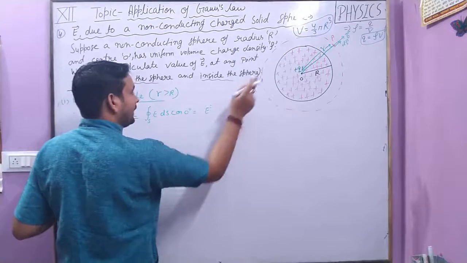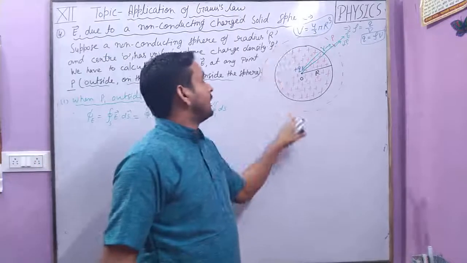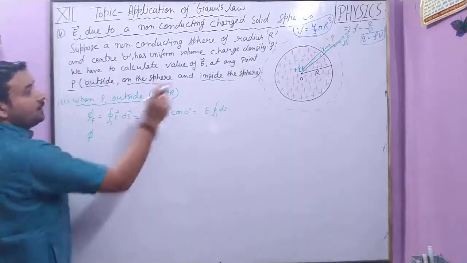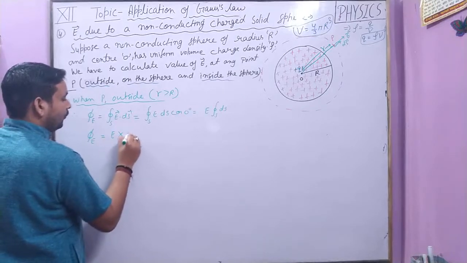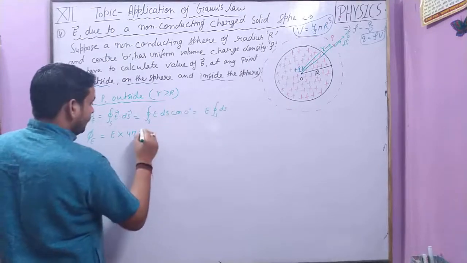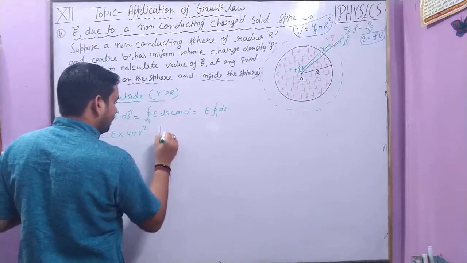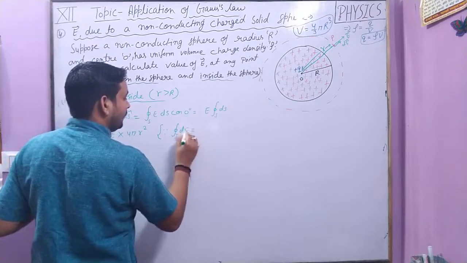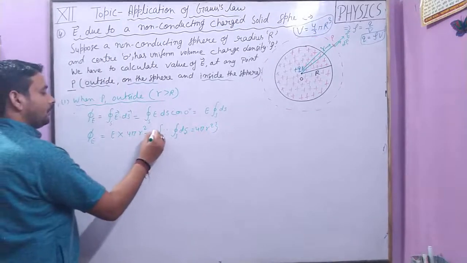E is constant at every point on the closed surface, because the surface is spherical and completely formed with the charge Q. So this electric flux is equal to E into 4 pi r square, and here we use the value ds equal to 4 pi r square. This is your equation first.